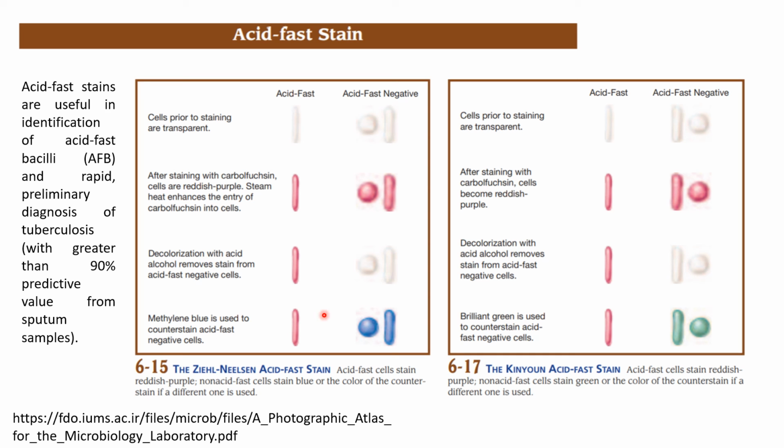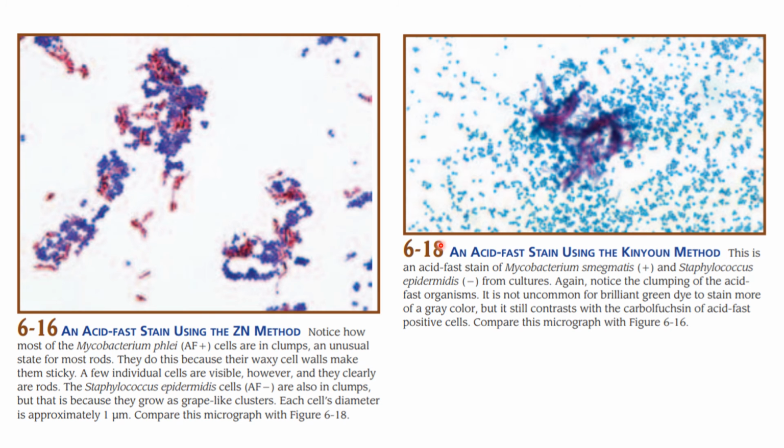Okay, so under the microscope, this is the Ziehl-Neelsen method. We have pink, and of course here we have methylene blue. So this is Mycobacterium phlei. I don't know how to pronounce it.